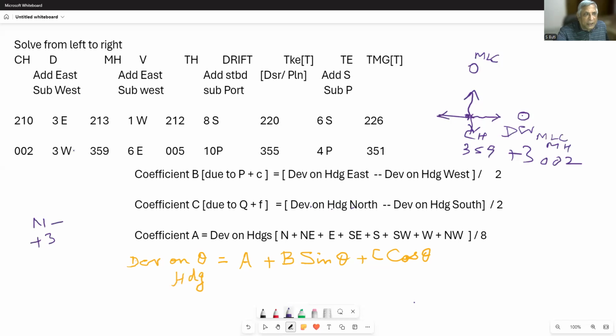Now take the aircraft on heading east and take the reading. Keep that reading with you. We will use it later on. And when the aircraft is taken to heading south, let's say what are the readings we are getting?